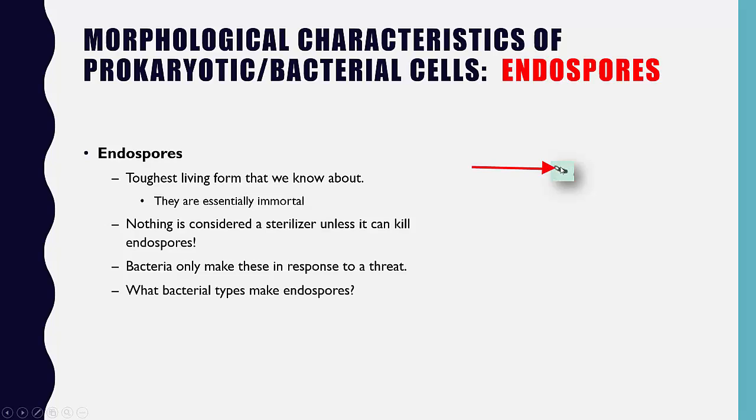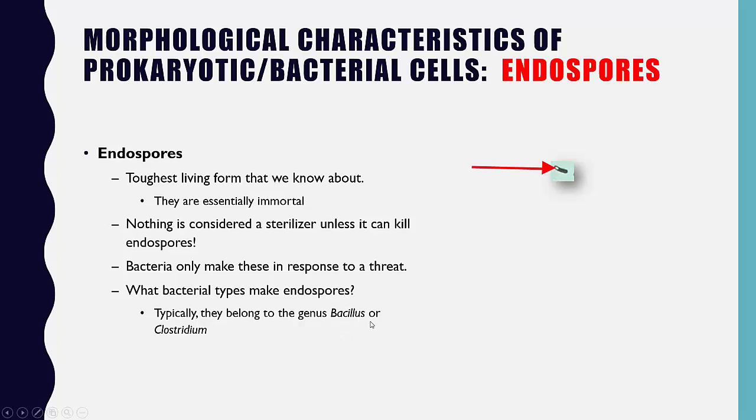So what bacterial types make endospores? There are lots of bacterial types that do make endospores, but there are two basic genera that are medically significant and that you need to know. If they have the first name Bacillus, that's the genus Bacillus, or the first name Clostridium, the genus Clostridium, they are endospore formers. So I'll throw out some examples here.